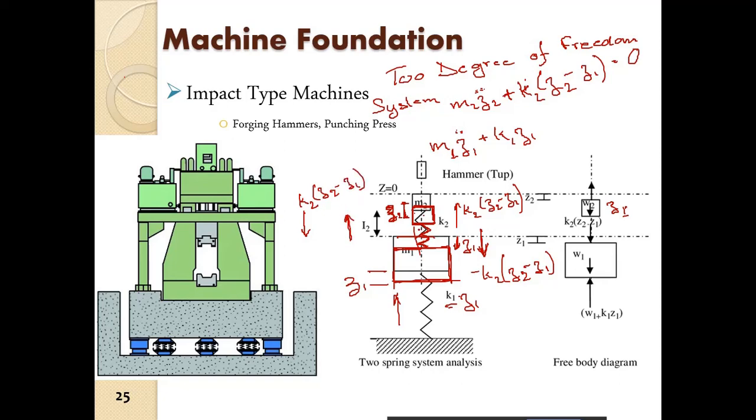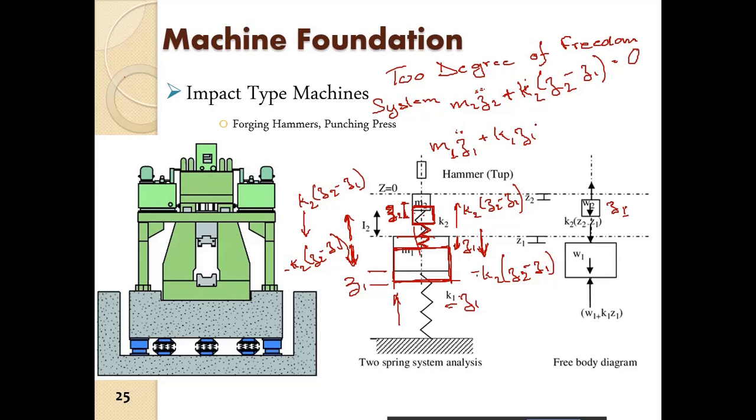Now if this is the upward force, the downward force it is giving on the mass M1 will be minus of this one, in the opposite direction. So minus K2 into Z2 minus Z1. We can reverse it and put the negative sign inside.